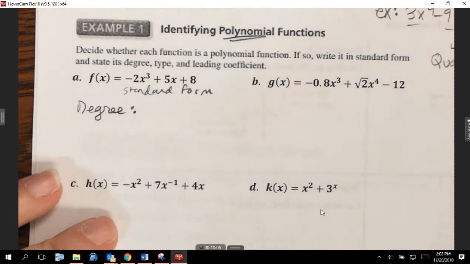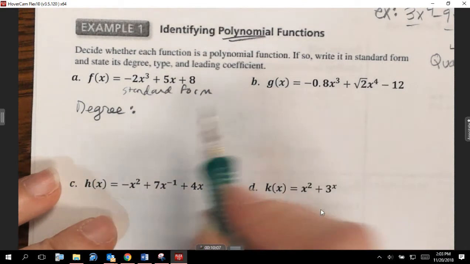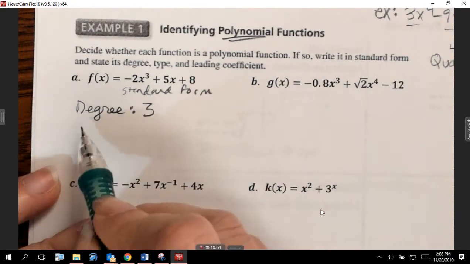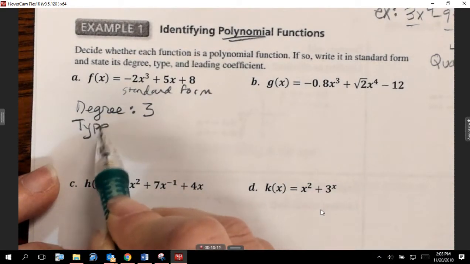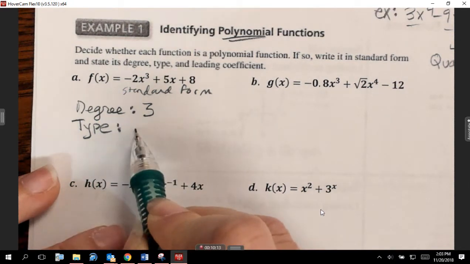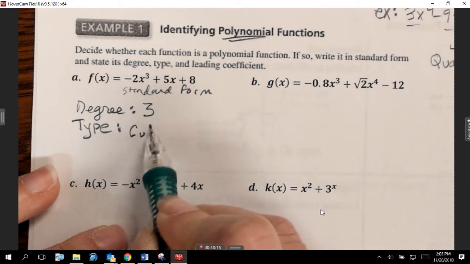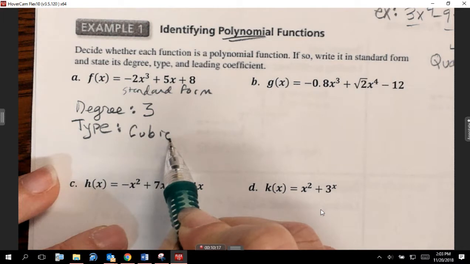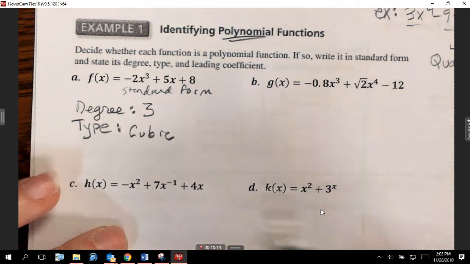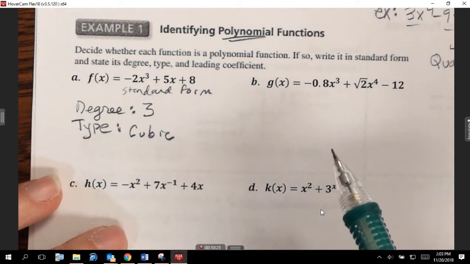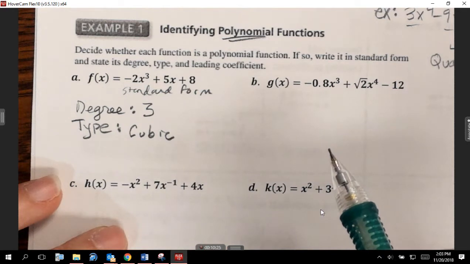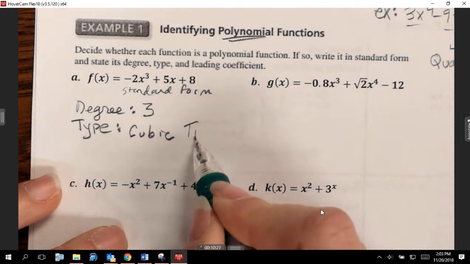What is the highest exponent? So the degree is 3. The type: if the degree is 3, then it is called cubic. Why would it be called a trinomial? It has 3 terms, so then we'll call it a trinomial.